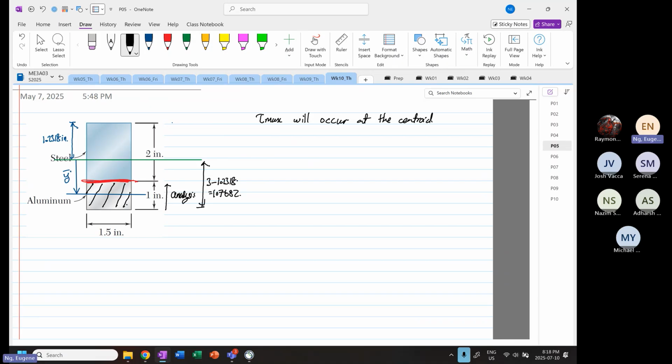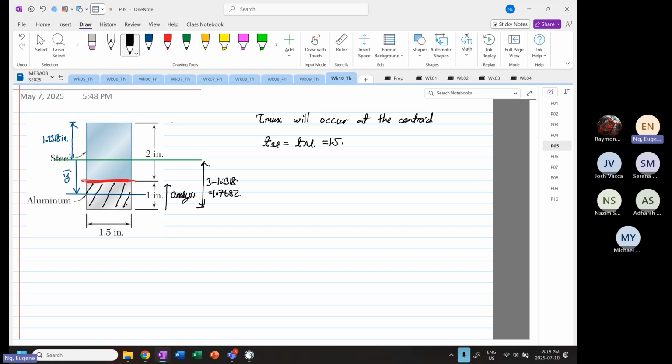This is because the T of steel is also equal to the T of what? Aluminum, which is equal to what? 1.5. Okay, which is equal to 1.5.